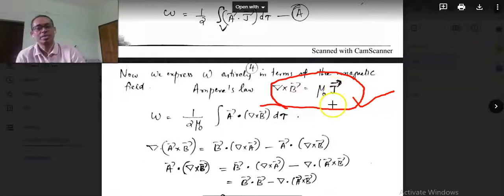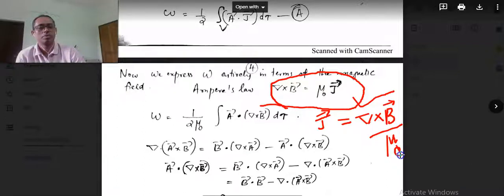So for J, I can write del cross B over mu 0. I am substituting that here for J.